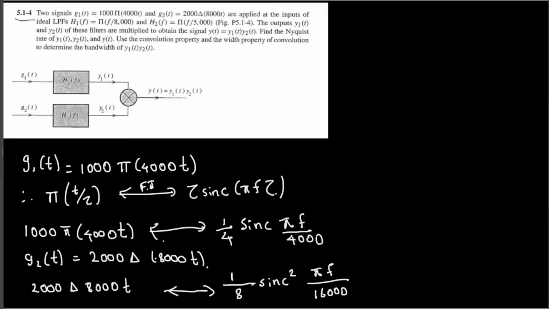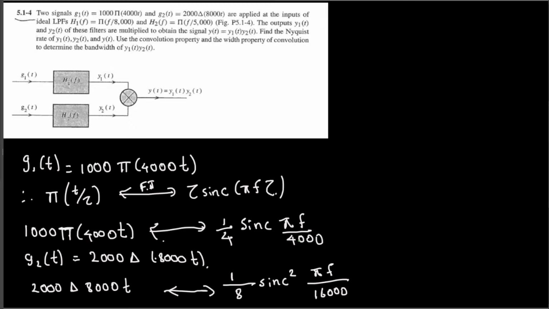This one is a brick, and the triangular is almost the same, but for the triangular the division doubles. Okay, and that is it, that's the conversion. Now we have here sinc, and this is sinc squared.